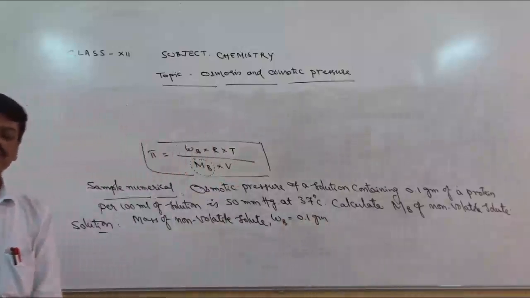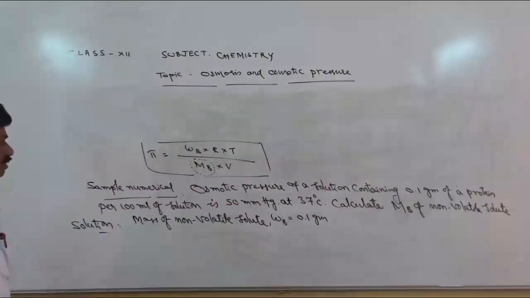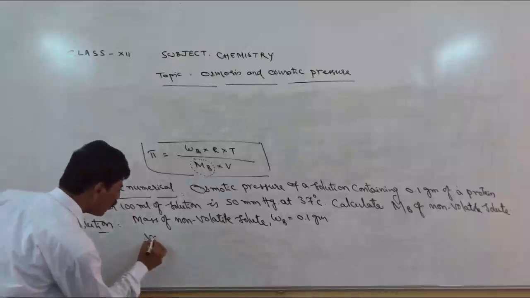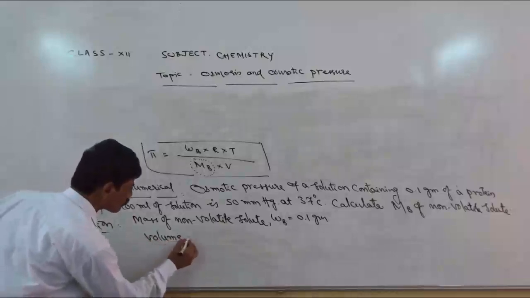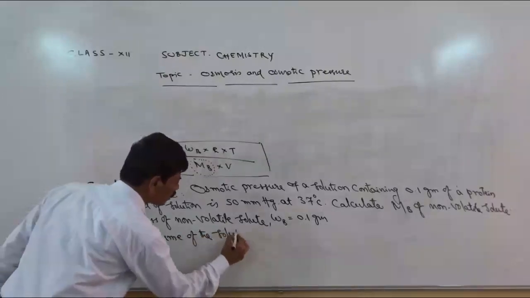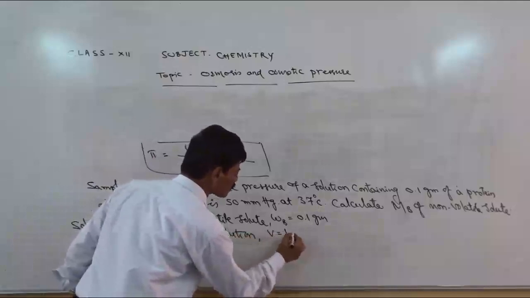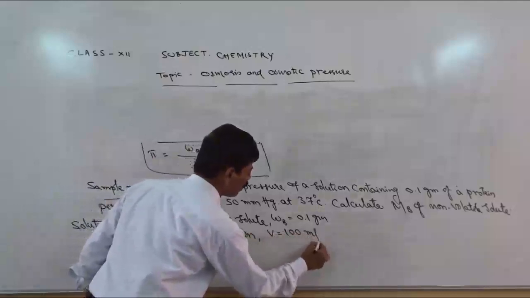Here solution means binary solution. So it is given in terms of ml. That means it is the volume of the solution. So volume of the binary solution, that is V, is equal to 100 ml.